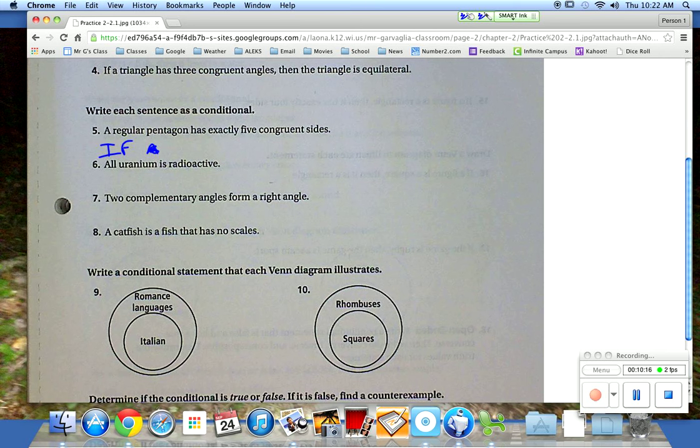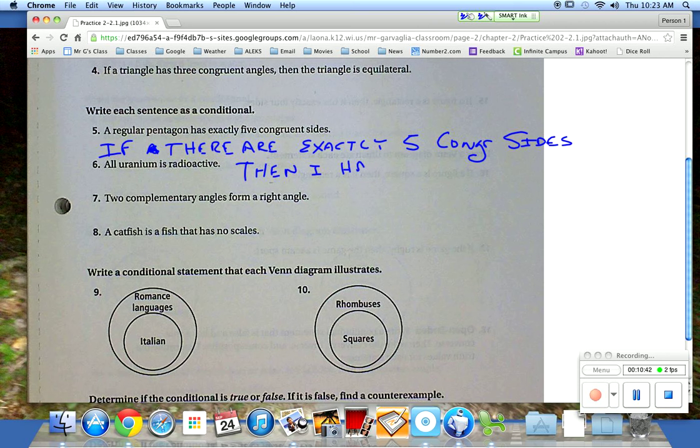If there are exactly 5 congruent sides, then I have a regular pentagon. This is just something a little bit different. Conditional means it's like an if-then.